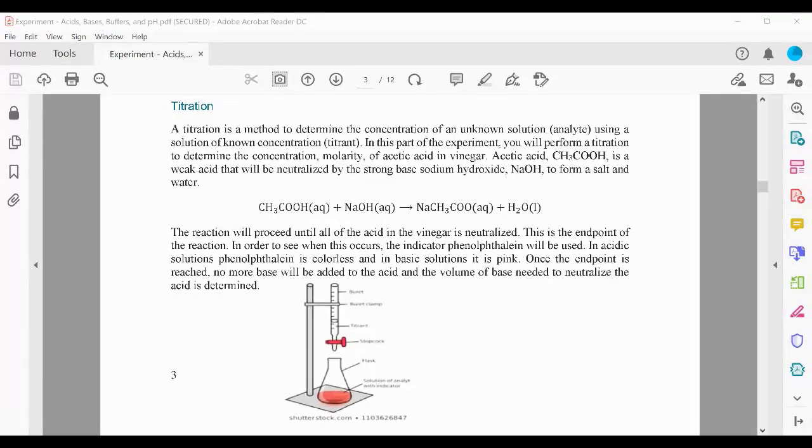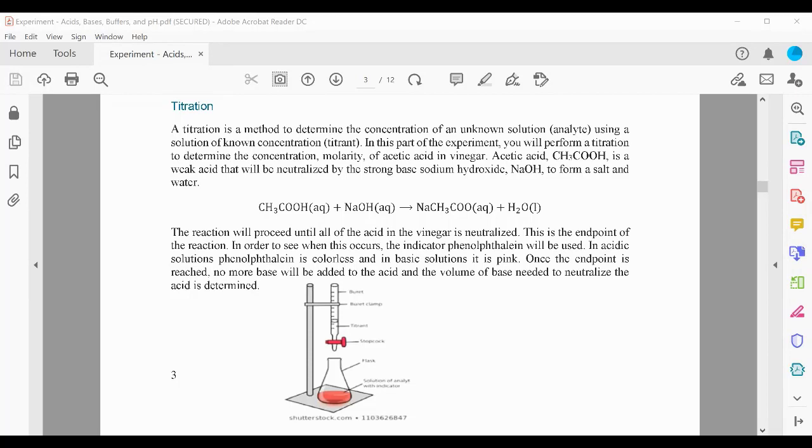In this case, we have a weak acid titrated with a strong base, so the pH at the endpoint will be a little basic. But that will depend on the pH curve. You know those curves that have an S shape?